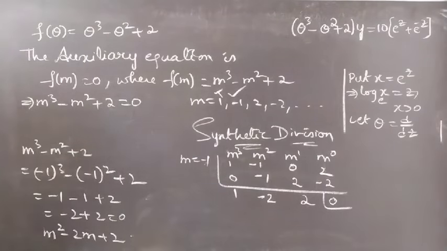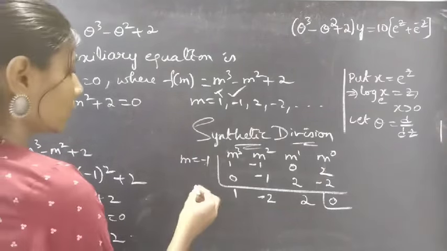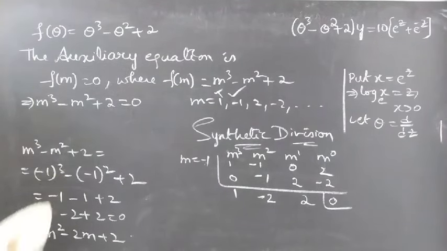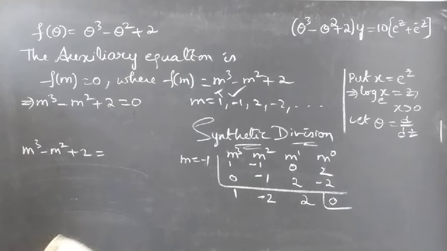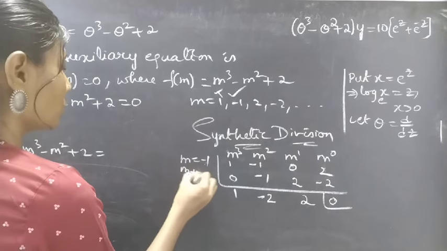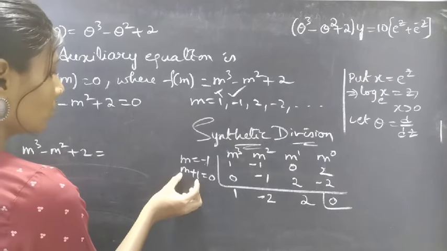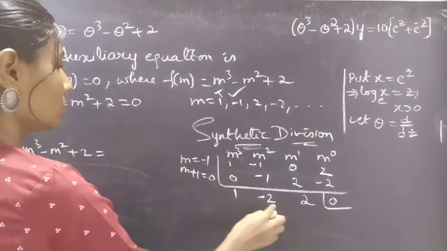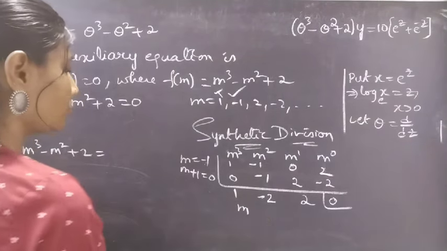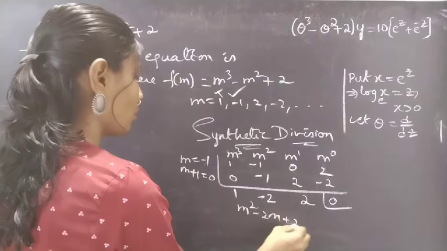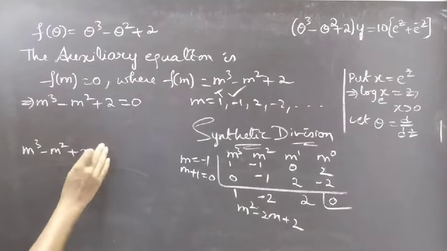So what we'll do, we'll just write the polynomial m cube minus m square plus 2 as, see, from m equals minus 1 we'll get m plus 1 equals 0, right? Here we'll take m plus 1 as one factor, and also these numbers give another factor, m square minus 2m plus 2, or another polynomial we can call.